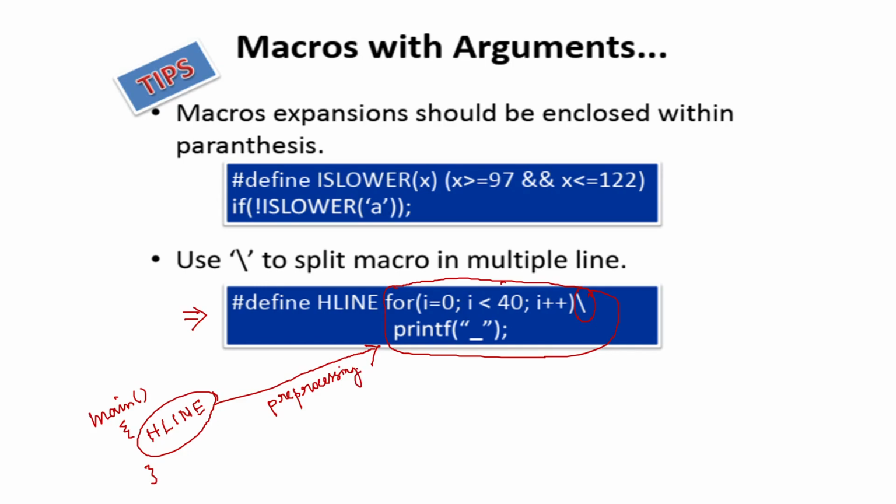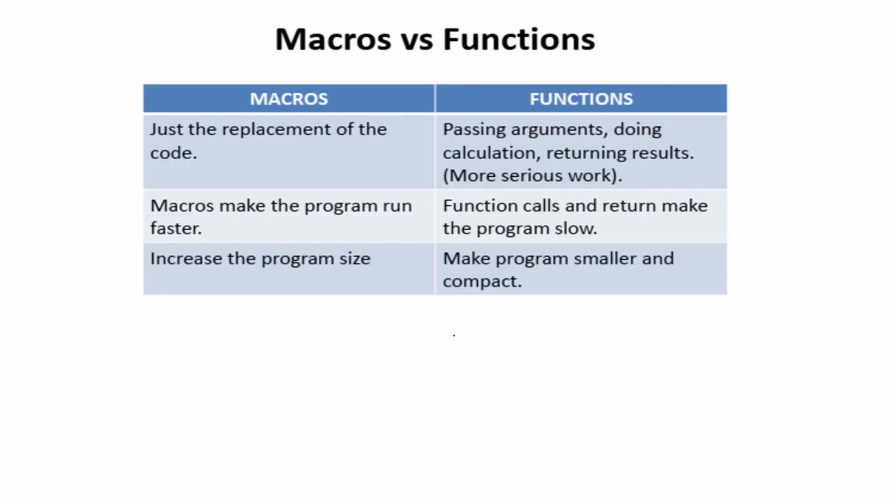So that is why in some cases someone will say that okay, it looks like a function. So what is the difference? Actually, there is a lot of difference with respect to a function. The first is that in case of a function, when the function is called, memory is allocated for the function.